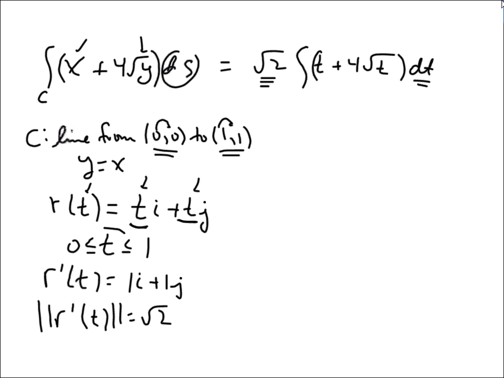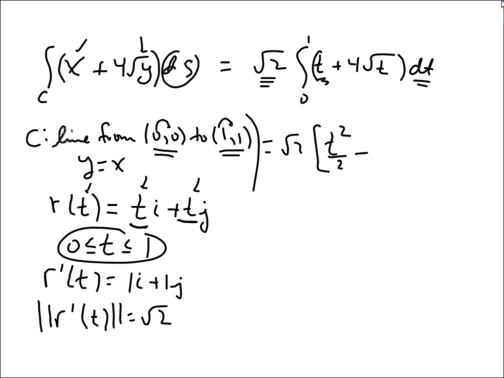And t goes between 0 and 1. So you get the square root of 2 times integral. Integral of t is t squared over 2 plus the 4. Think of the square root of t as t to the half. That integral is t to the 3 halves divided by 3 over 2. And this is where t goes from 0 to 1.